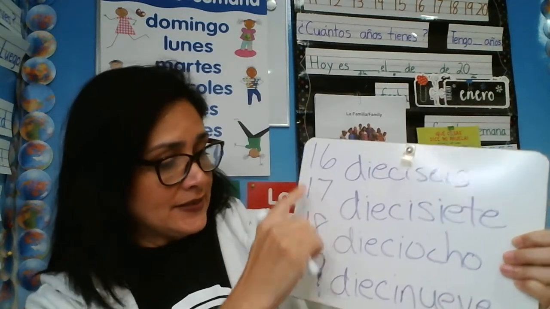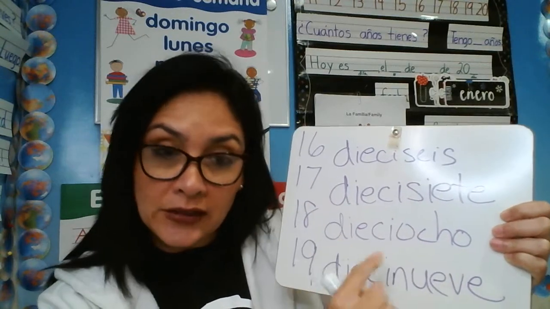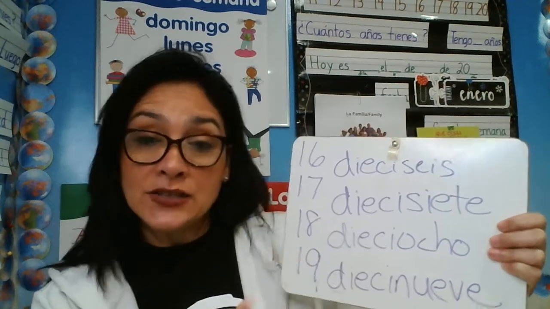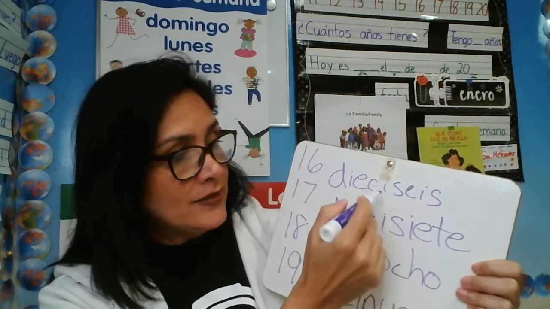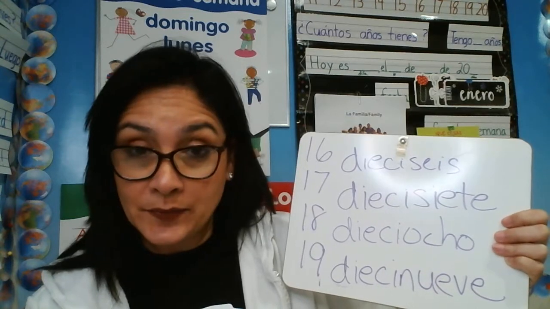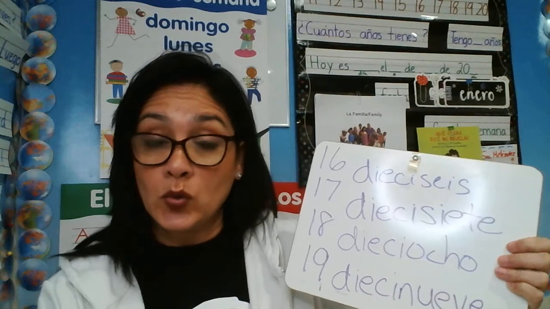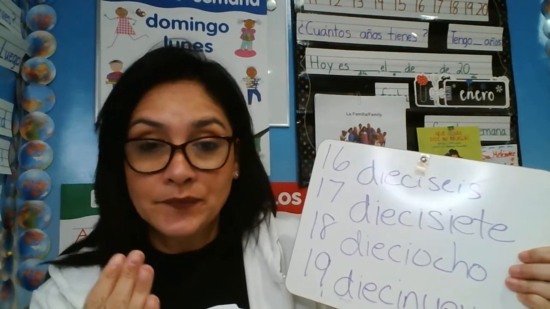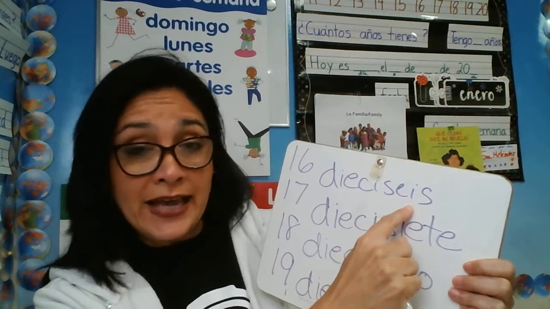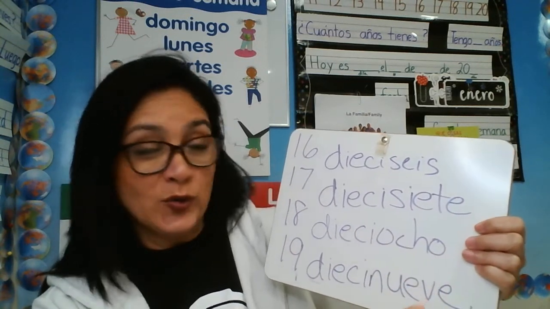If you notice 16 through 19, you hear this diez in front of each word. Diez in Spanish is 10. This little I is kind of like a connector word meaning and, but instead of using a Y by itself, which in Spanish is a word meaning and, we say E. Here is an I. And if you notice the end of the word, it says 6, 7, 8, 9.